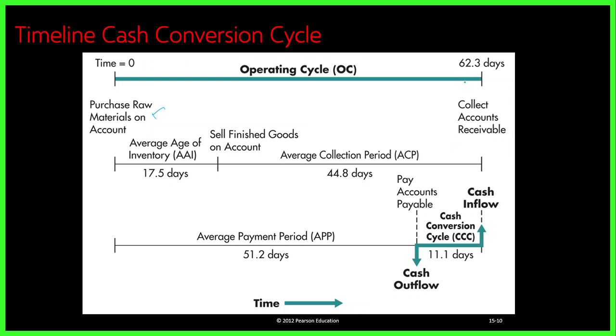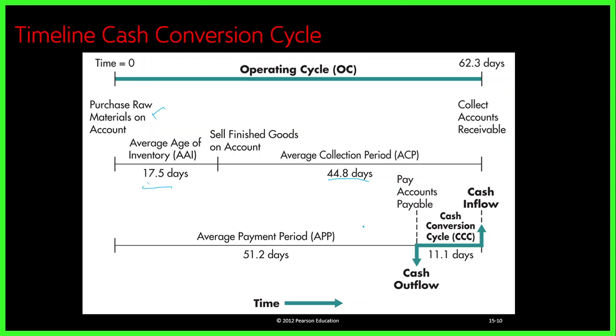That's 62.3 days. So, if you're going to analyze this further, you can divide this into two parts. First, you have your average age of inventory, which is 17.5, and your collection period, which is 44.8.